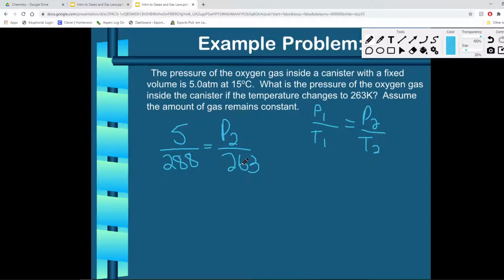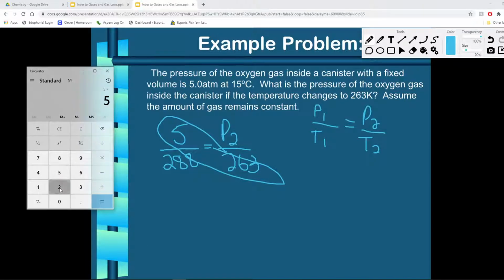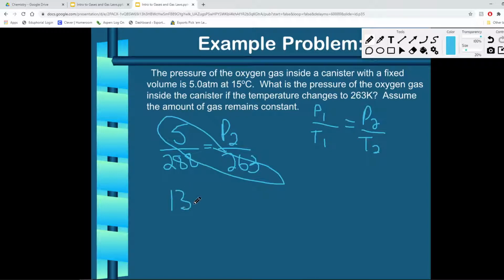So again, same as on the last one, all we've got to do here is cross multiply. We can say 5 times 263 is 1,315, and that is equal to 288 times P2.